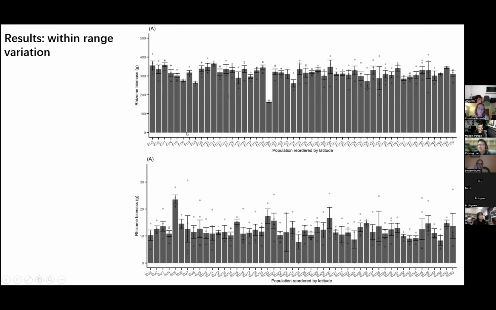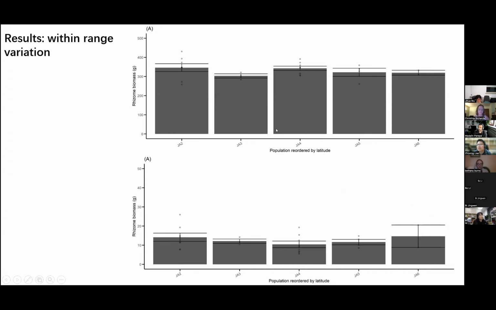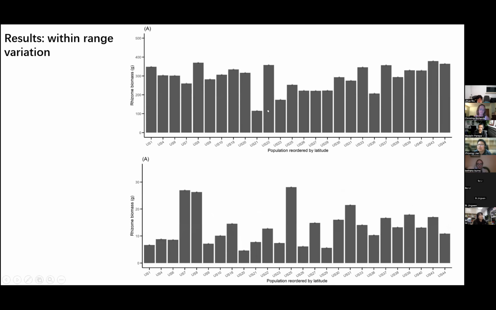For the rhizome biomass among the European populations along the latitudes, they were less variable. This is the Japanese populations, also less variable. And this is the result from the US, also with quite huge variations.